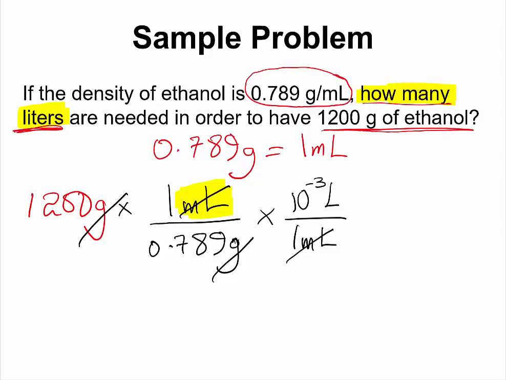Now we have our unit in liters. If you plug in all of this into your calculator and you round to 2 significant figures, which is the number of significant figures in the mass, you should get 1.5 liter.